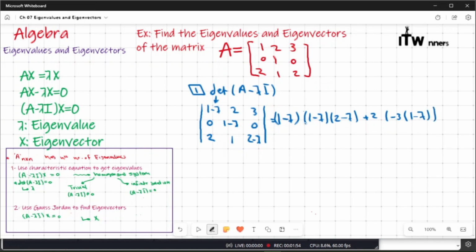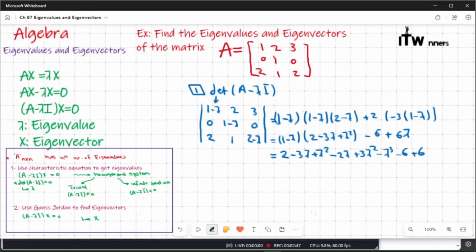Okay, here this will be equal to 1 minus lambda times 2 minus 3 lambda plus lambda square, minus 6 plus 6 lambda, which equals 2 minus 3 lambda plus lambda square, minus 2 lambda plus 3 lambda square, minus lambda cubed, minus 6 plus 6 lambda.